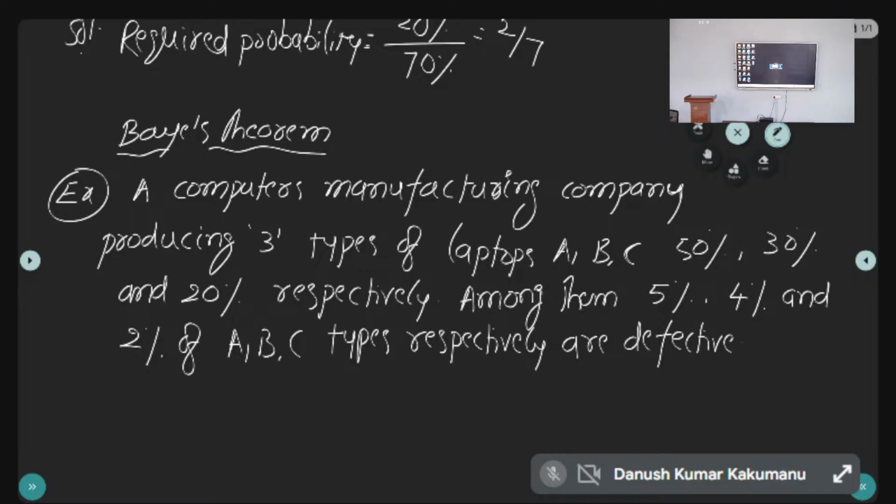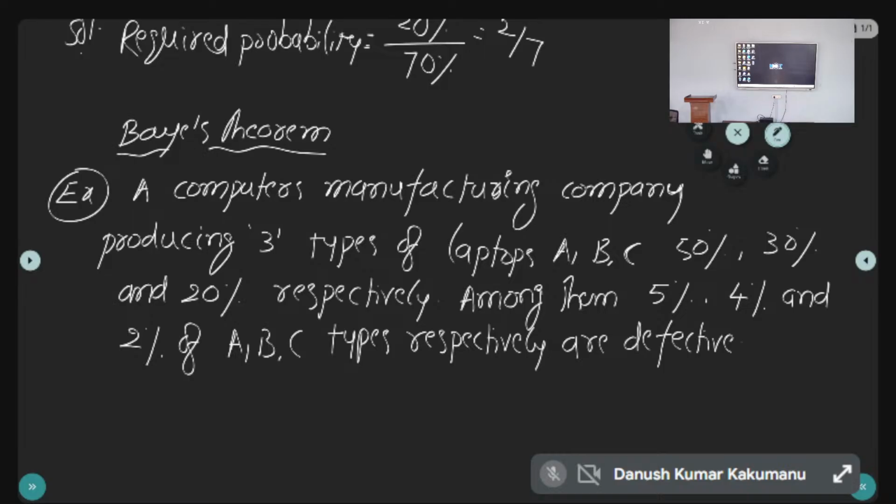What is the exact meaning? 5%, 4% and 2% of A, B, C types respectively means again same order. 5% of type A, 4% of type B and 2% of type C are defective.